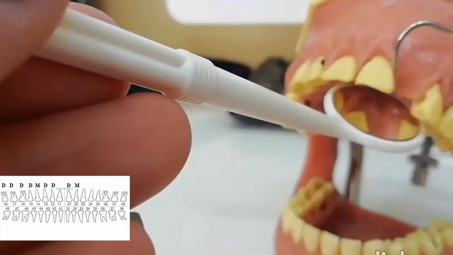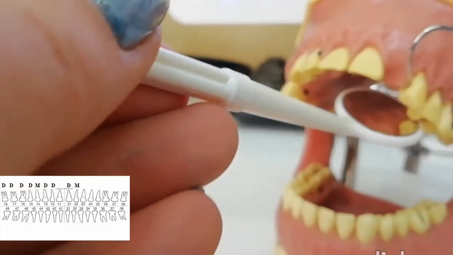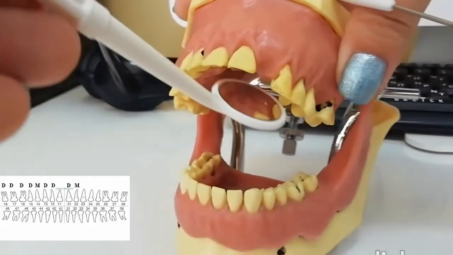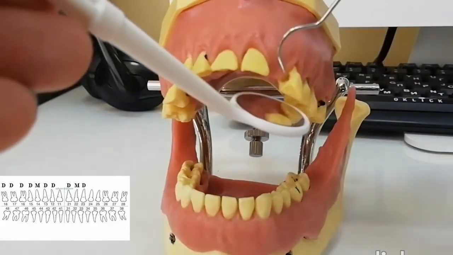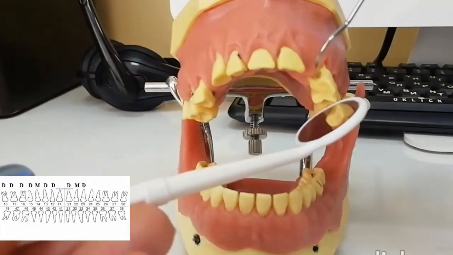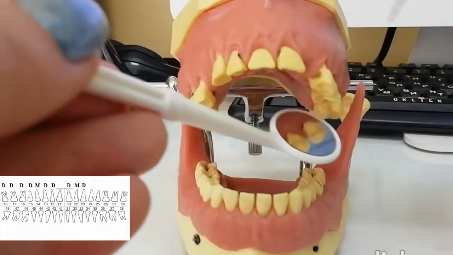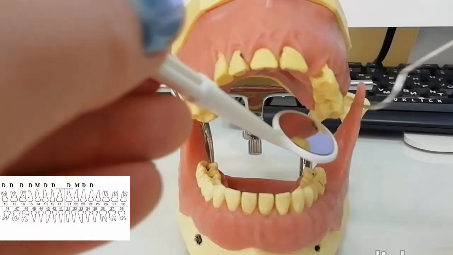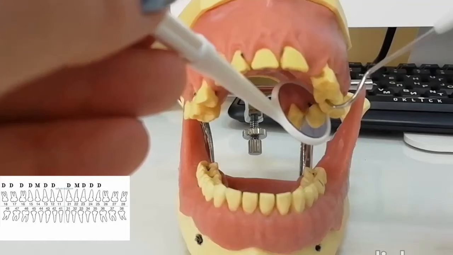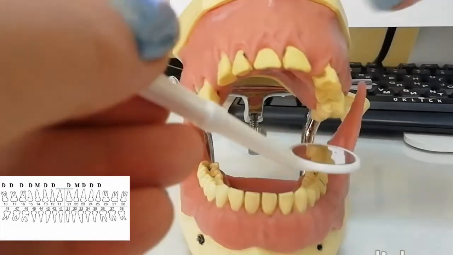Tooth 2-3 has caries decay on the proximal surface between teeth 2-2 and 2-3, so we write D in the dental formula. 2,4 and 2,5 have caries decay, so we will write D and D in the dental formula near the 2,4 and 2,5. 2,6 is missing.